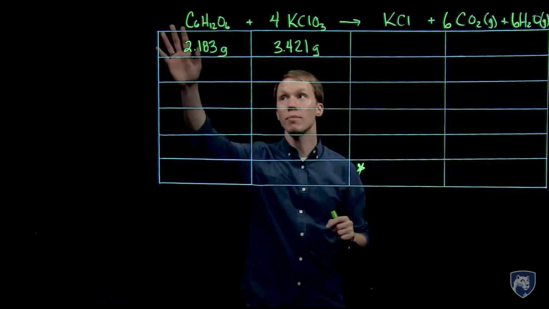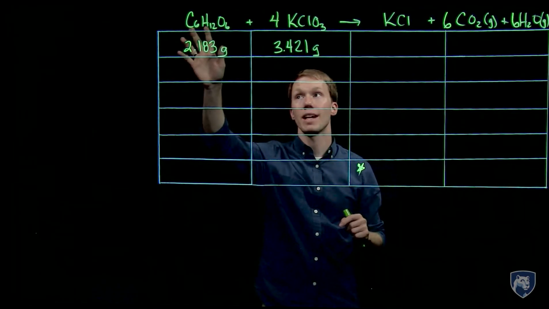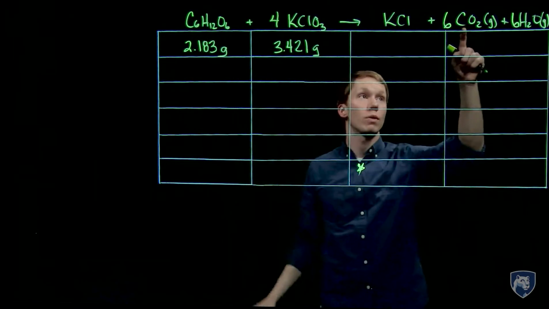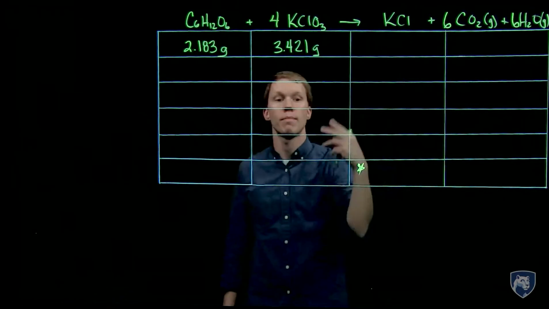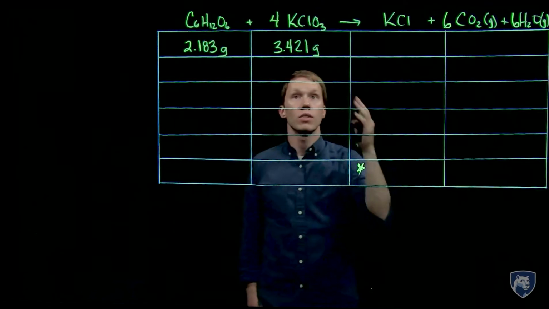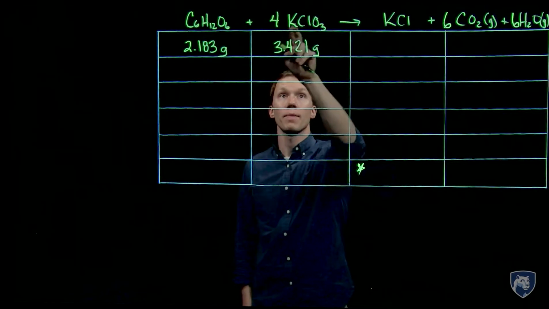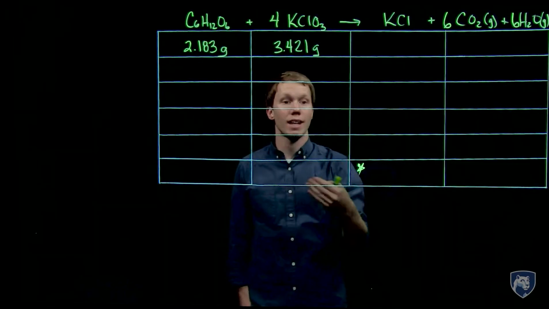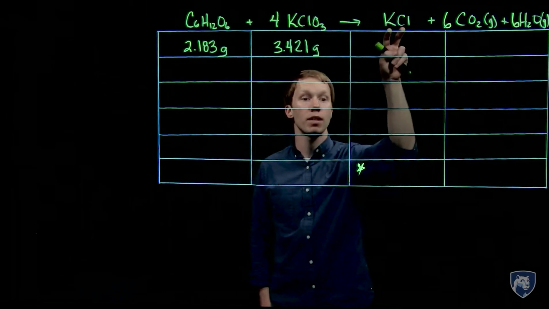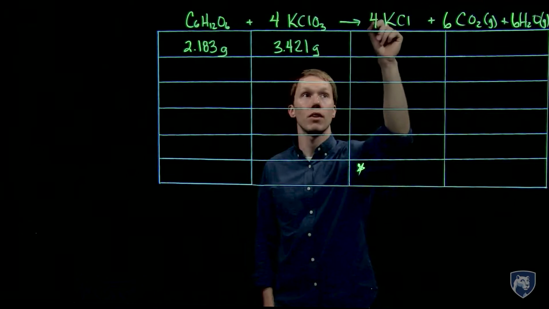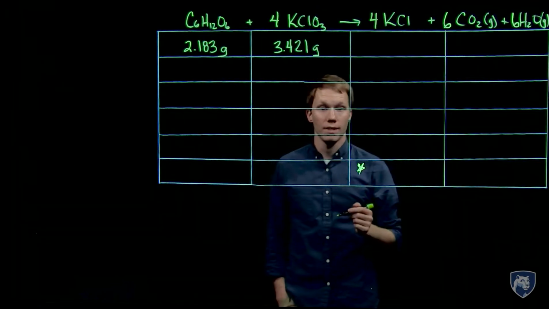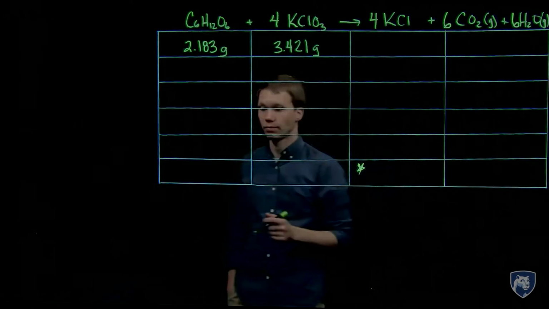I could have multiplied this by some number, but then I'd have to adjust carbon and hydrogen, which would have me adjust these coefficients, which would then throw off oxygen again, so we'd be back and forth, back and forth. So by changing the coefficient here, I adjust oxygen on the reactant side like I need, and then since KCl appears over here all by itself, I can just place a 4 in front of that pretty easily.